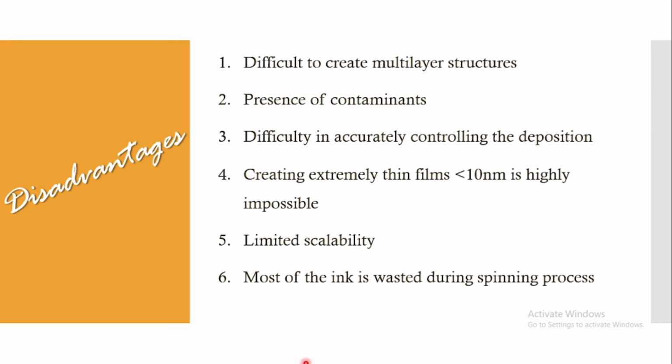So these are some of the details which I wanted to share with you all, where we started from what actually spin coating is, how the process takes place, what the principle behind it is, what the instrumentation is, that is how the instrument works, then the general formula to calculate the thickness of the material, the different parameters on which the quality of the thin film depends, and finally the pros and cons of spin coating.